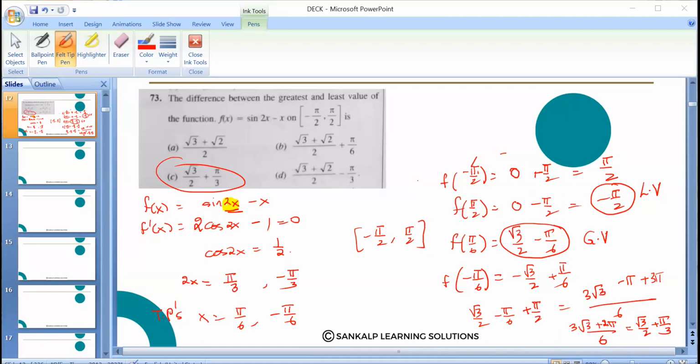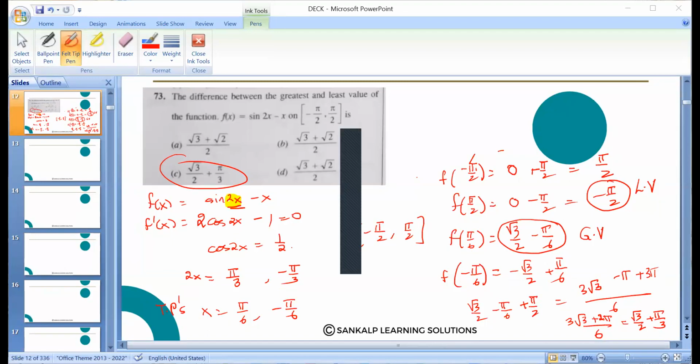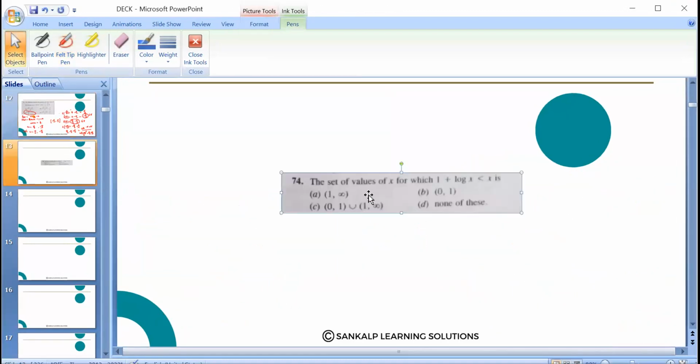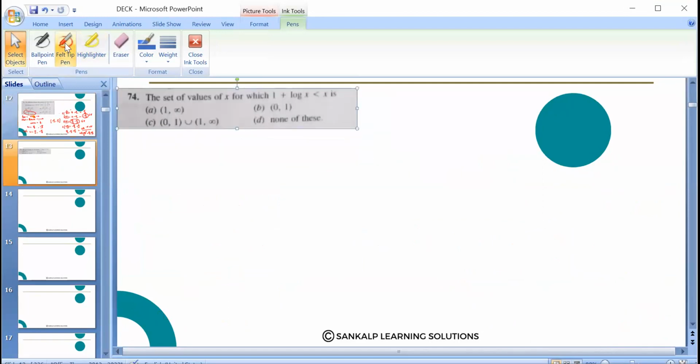Next is question number 74. The set of values of x for which 1 plus log x is less than x.